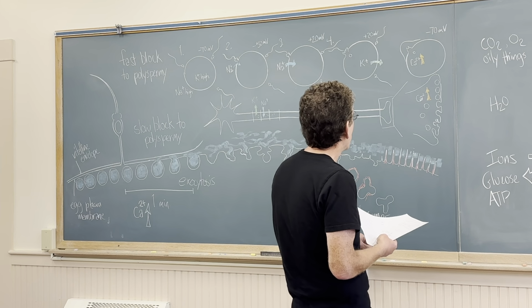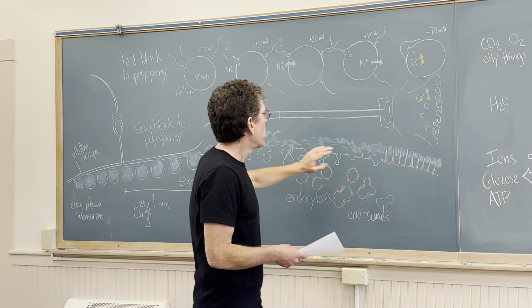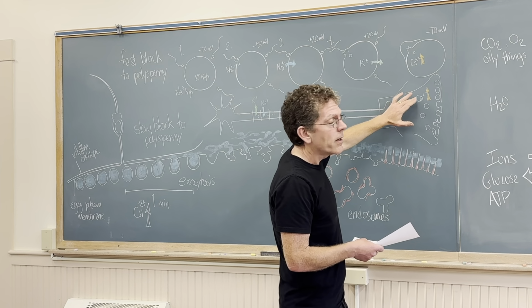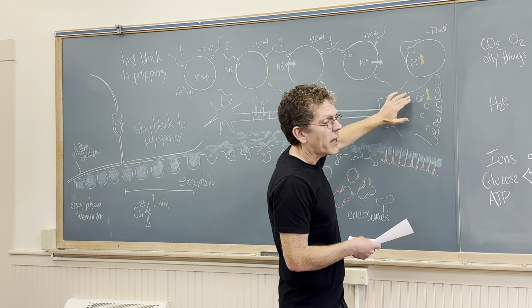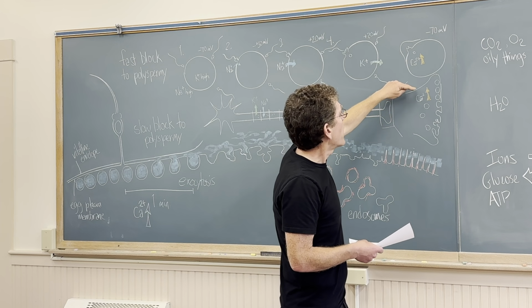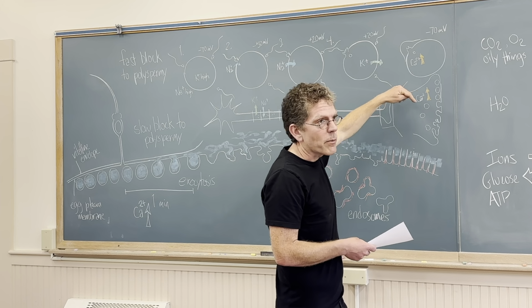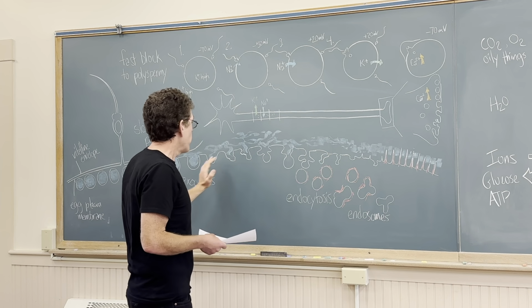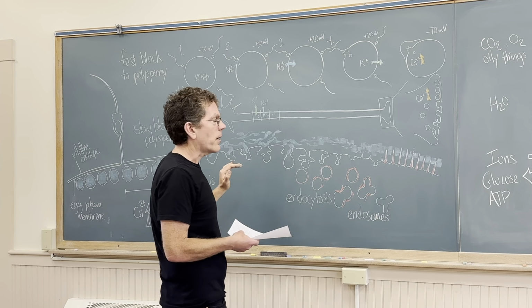So very much like this picture, the arrival of an action potential at the nerve synapse triggers voltage-dependent calcium channels to open, and they actually let calcium in from outside the cell to trigger the exocytosis of docked secretory vesicles.